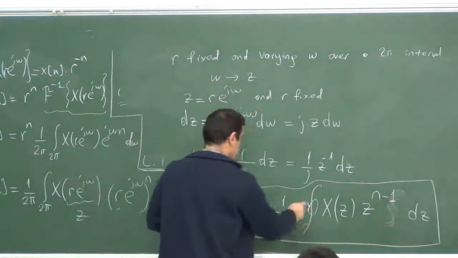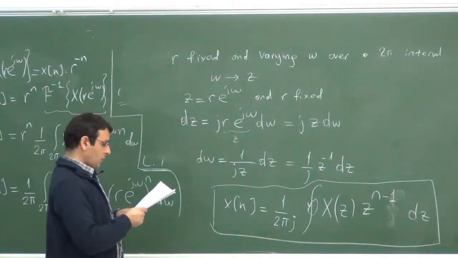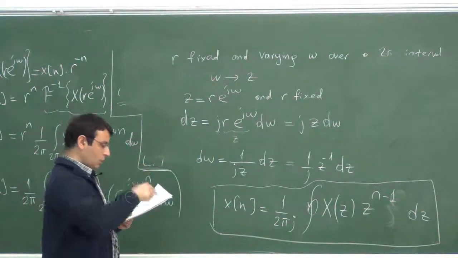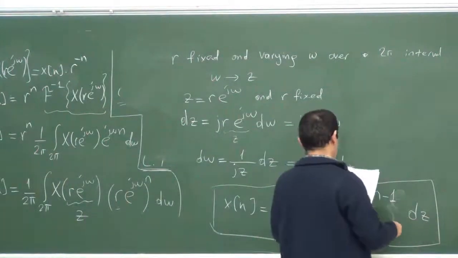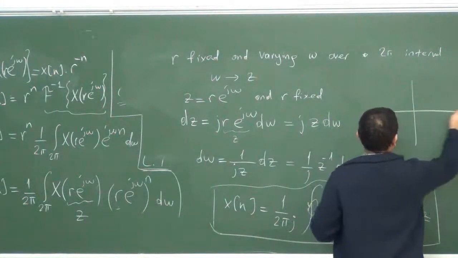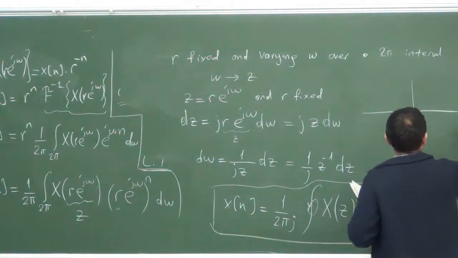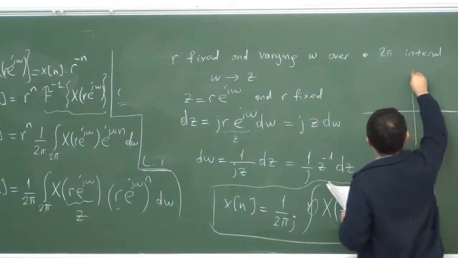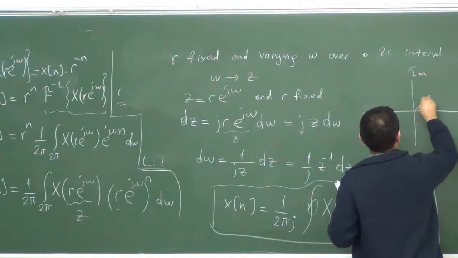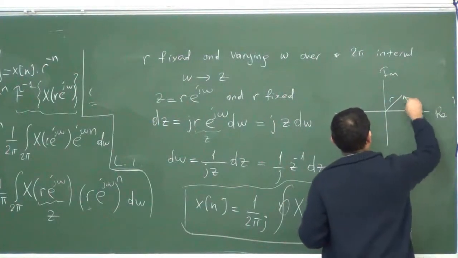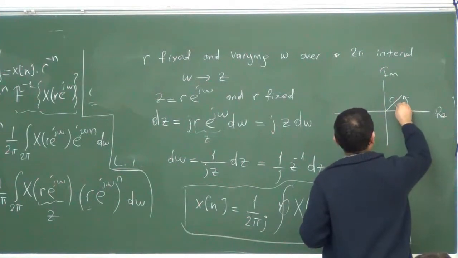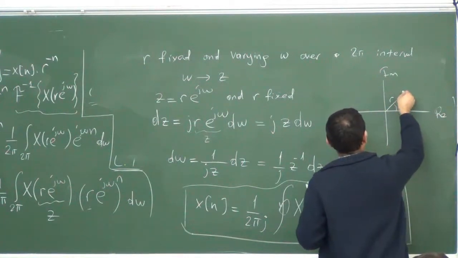So this symbol denotes the integration around a counterclockwise, closed circular contour centered at the origin. It means something like this. So this is the real part, this is the imaginary part, and if you fix R, whatever, this is the counterclockwise direction, this is the angle, omega 0, let's say.